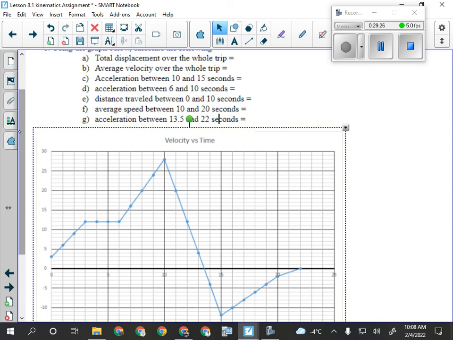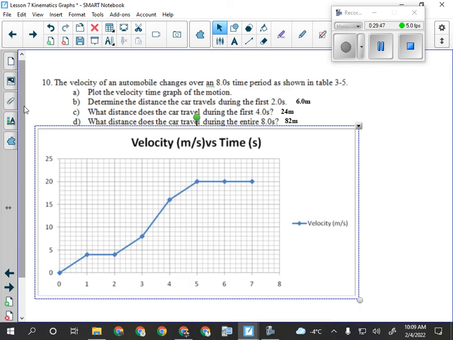Okay, so using that graph there, guys, I would like you to try and answer those questions there on the velocity versus time graph. It's more involved than anything I would obviously give you on the test, okay? But it's just good for practice. Okay, so let's have you guys try that, and then we'll have you try the last question because it's kind of a tricky V equals D over T thing.